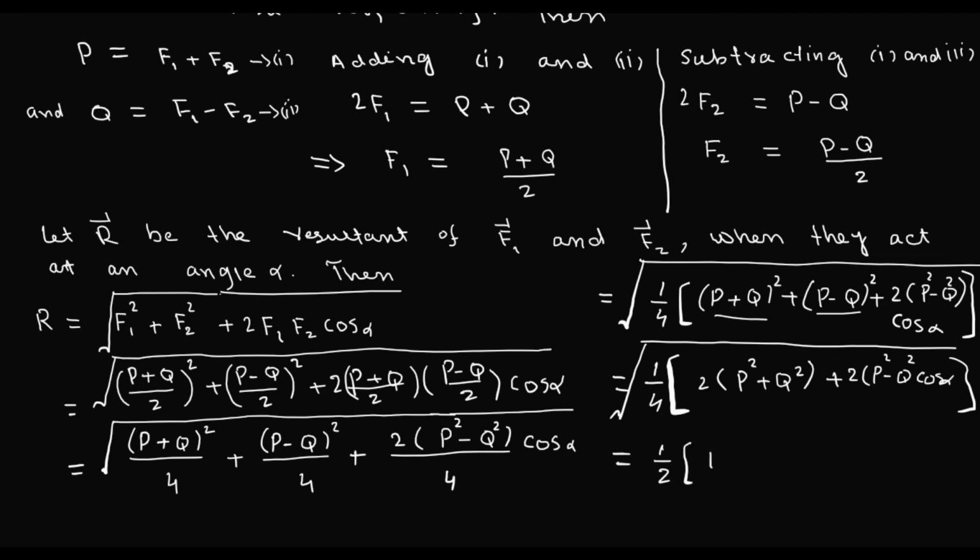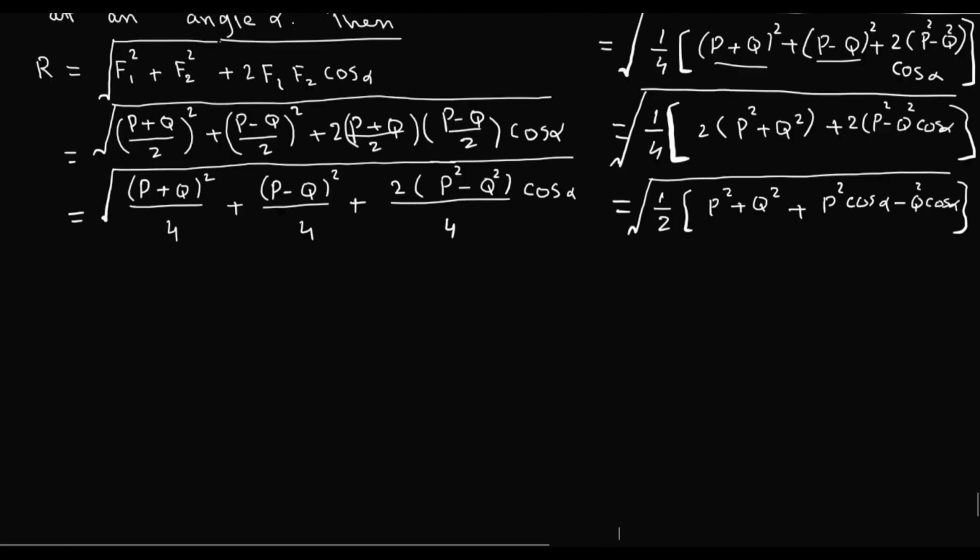When we write it out, 2 is common here, so 2 cancels with one of the 2's. So we have P square plus Q square plus P square cos alpha minus Q square cos alpha, all under the square root.